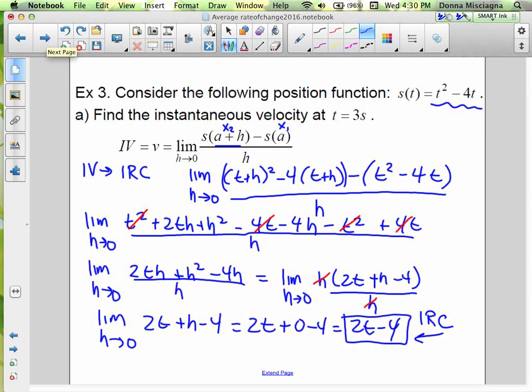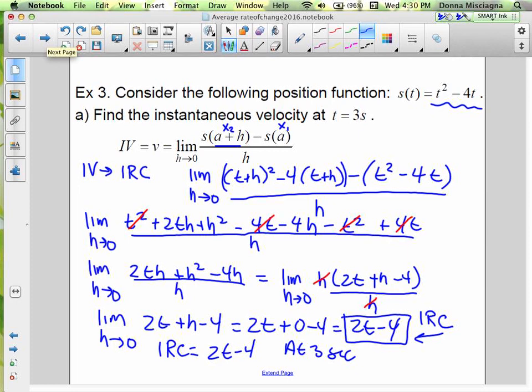I have to plug in. So 2t minus 4 is the function that gives me the instantaneous rate of change for any time. If I want to find it at 3 seconds, all I have to do is plug in 3 for t, and we've got it.